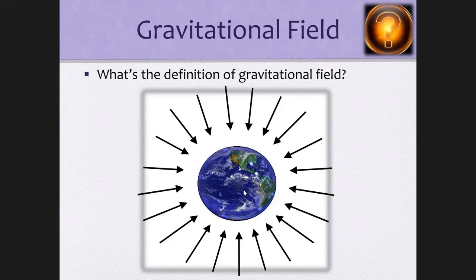So interaction takes place in a two-step process. The first step is that every mass produces its own gravitational field in space, and then this field overlaps with the field of the other mass, and then we say interaction takes place.